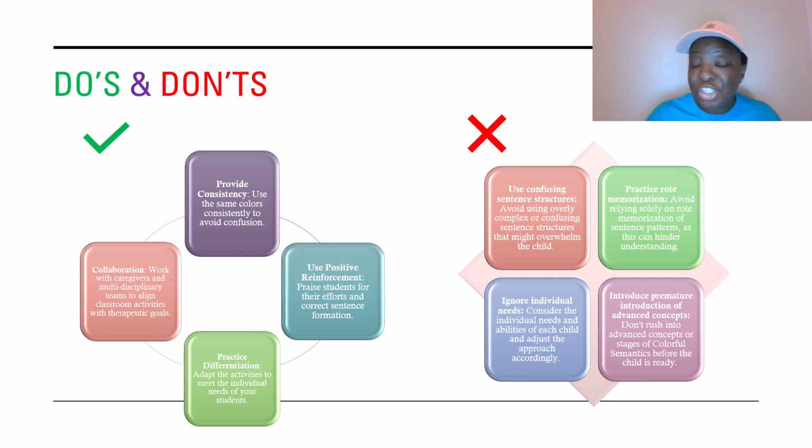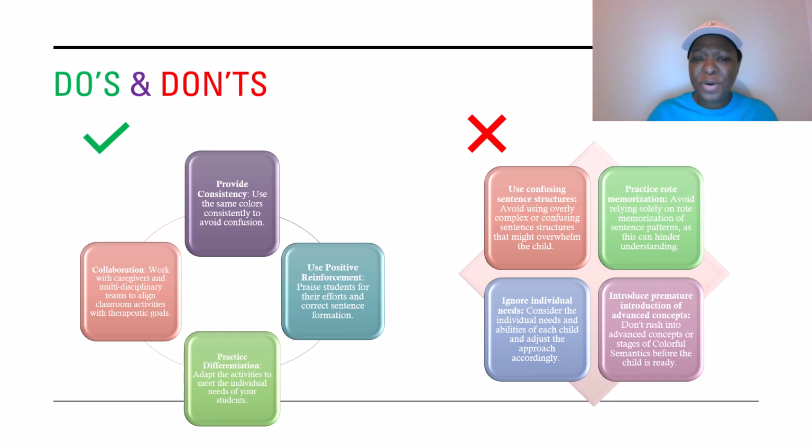Practice differentiation. We don't want to get into rote memorization of these sentences and sentence structures. We don't want to do the same ones over and over. So we'll adapt the activities to meet the individual needs of the student. Maybe there's something particular that we would like to work on, or it could be something that's new.